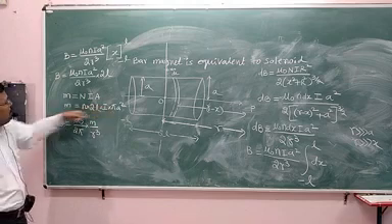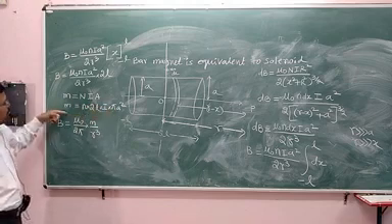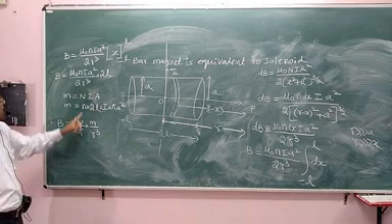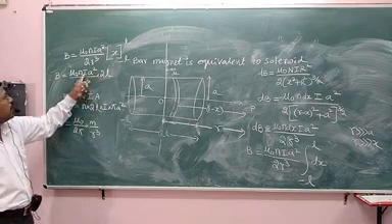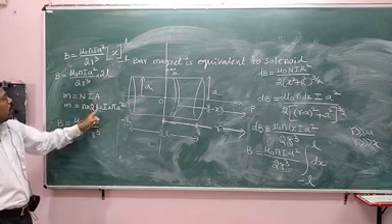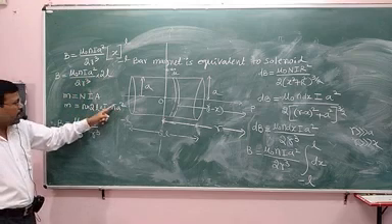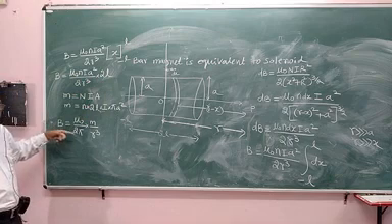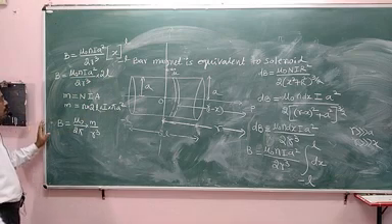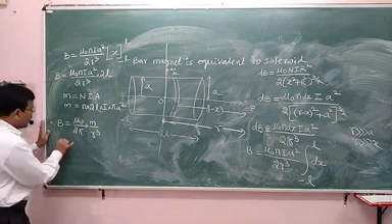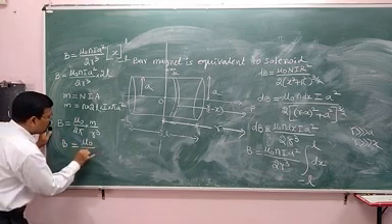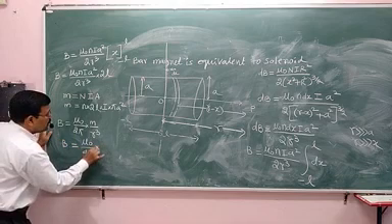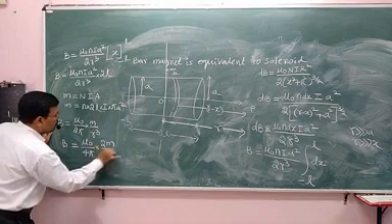M by pi is nothing but n into 2L into I into a square. There I can write m by pi. This I can still write in a better way: B is equal to mu naught by 4 pi into 2m by r cube.